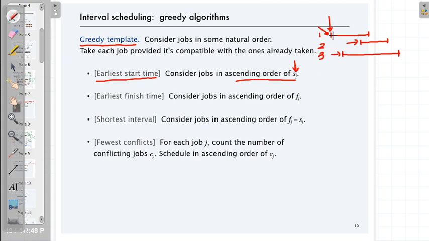Very easy. Yes, very good. Absolutely beautiful answer. So this is the start time. If this guy is the first one and it has the longest duration, then what will happen?